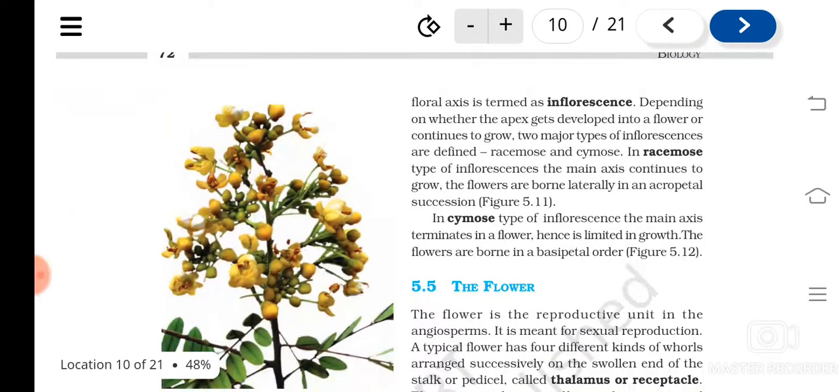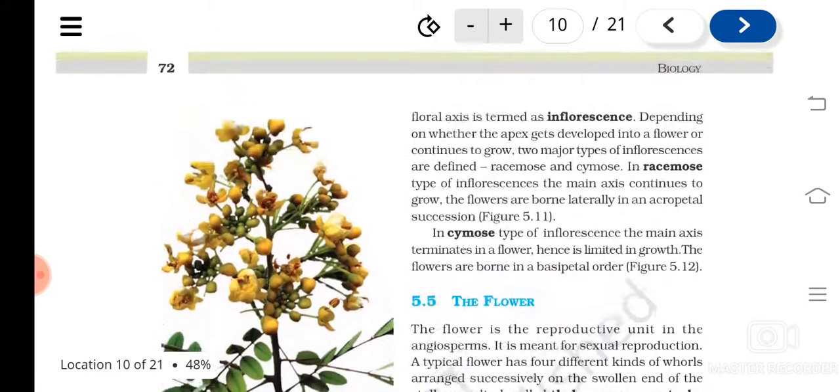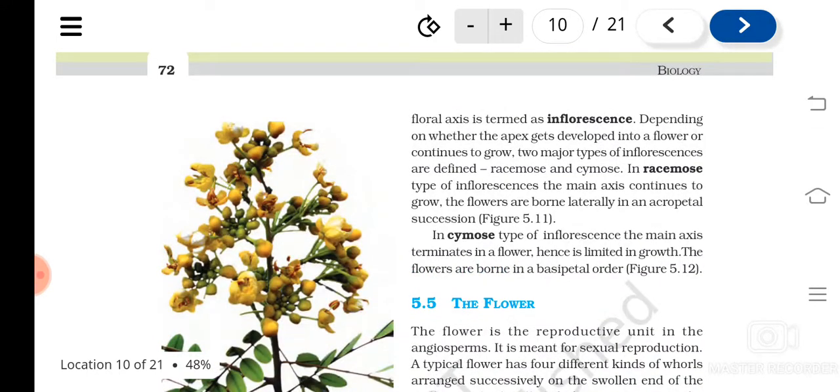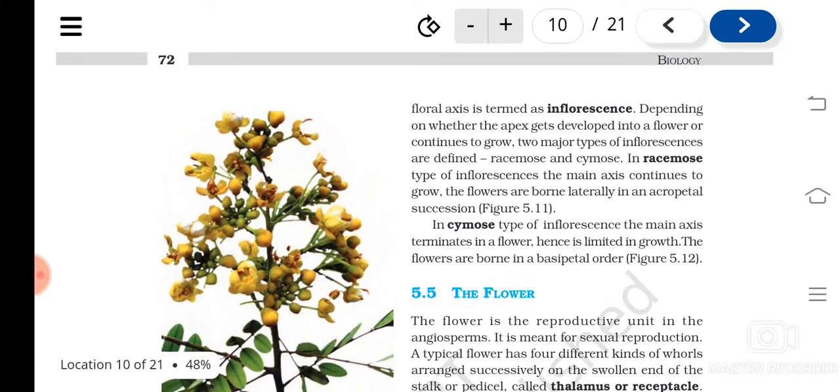Sometimes you can see the flowers as solitary at the tip of the pedicel. But sometimes flowers group to form an inflorescence, and they are produced on a common axis. This kind of structure is known as inflorescence.